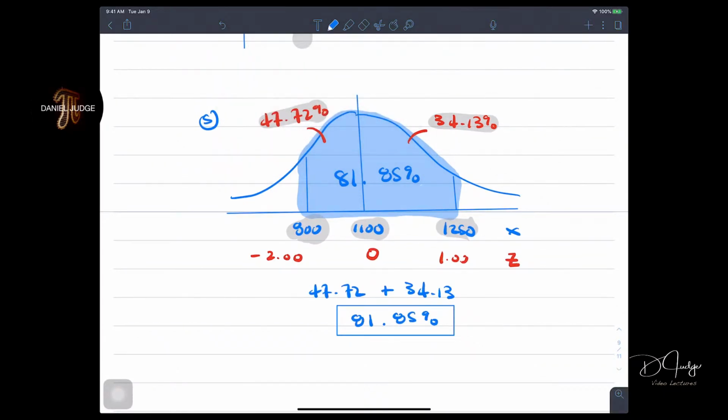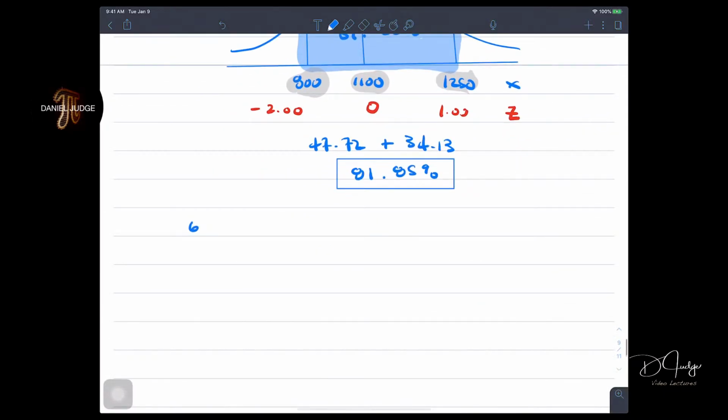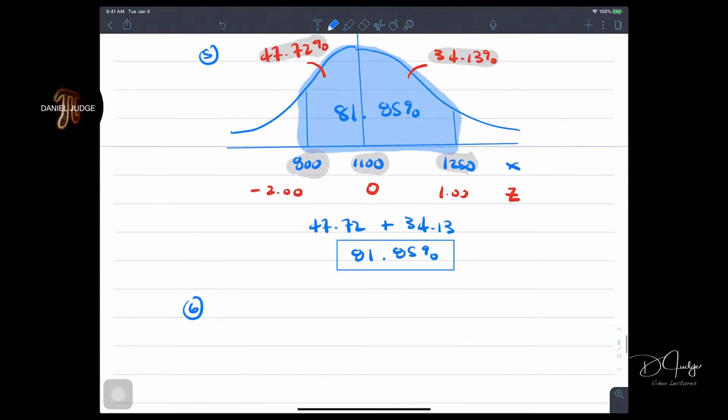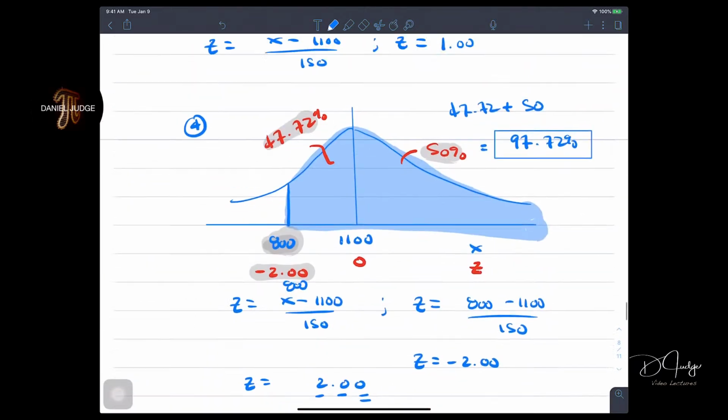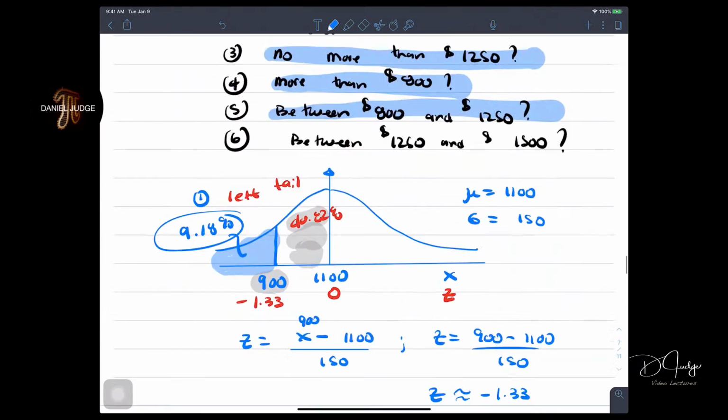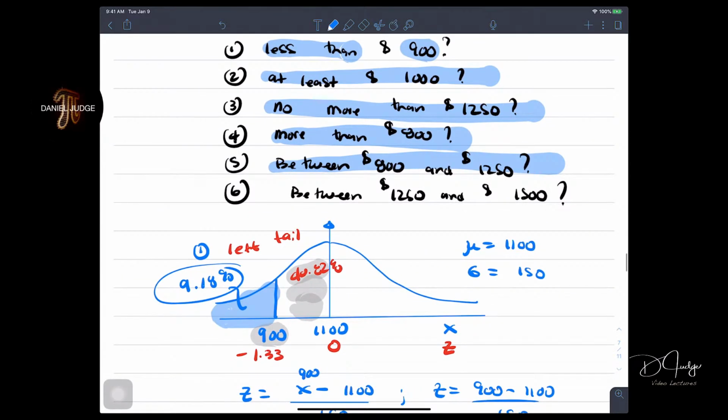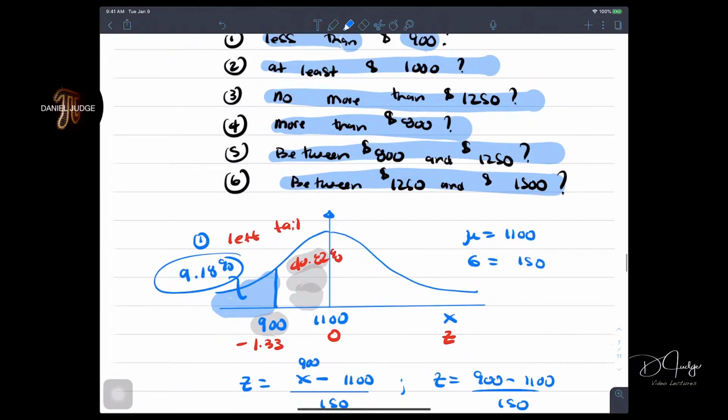On our way. So look at number 6. Number 6 says the following. Number 6 looks like we're at between 1250 and 1500 now. Okay, number 6, between 1250 and 1500.